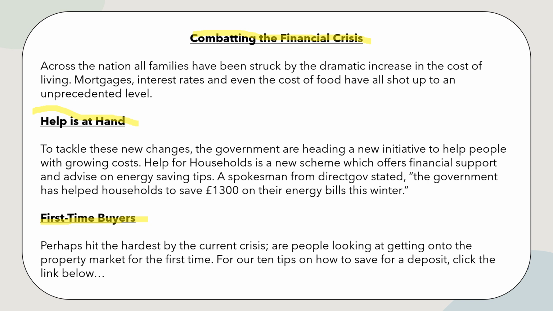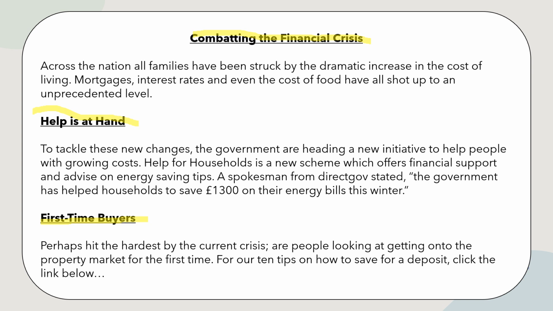Help for Households is a new scheme which offers financial support and advice on energy saving tips. A spokesman from DirectGov stated the government has helped households to save £1,300 on their energy bills this winter. First-time buyers, perhaps hit the hardest by the current crisis, are people looking at getting onto the property market for the first time. For our 10 top tips to save for a deposit, click on the link below.